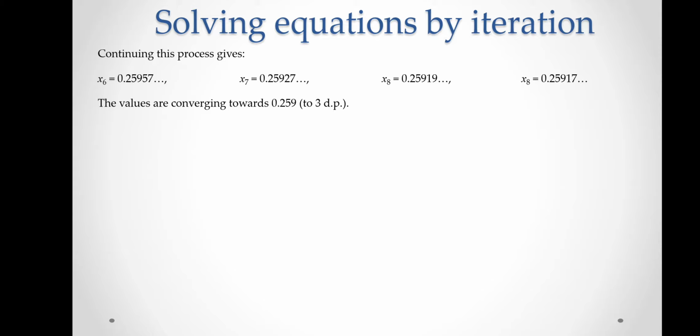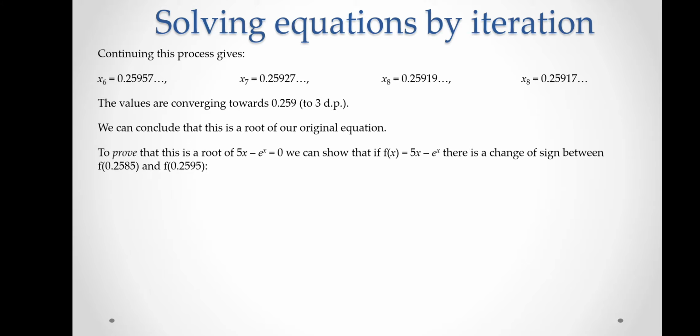When you find x1, x2, x3, x4, x5 like that up to x10, x11, x12, the answer is coming near to one value. That answer you have to find, right? Here the answer is 0.259 to 3 decimal places. You can see 259, 259, 259, like that it is repeating. So the answer should be 0.259 to 3 decimal places.